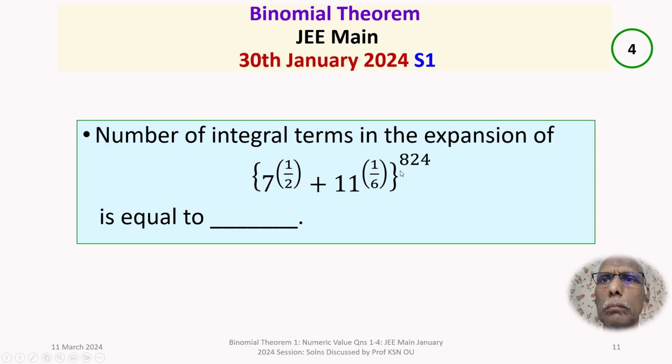So you have to expand this and find the number of integral terms, that is, the terms which are integers. How many of the terms of this expansion are integers?